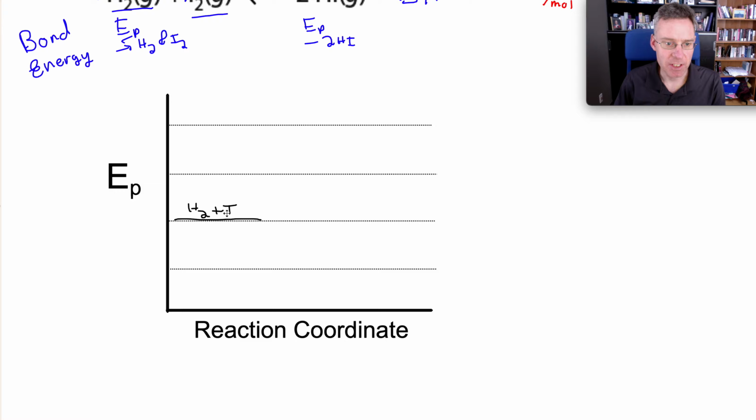I'm going to leave out the states to make things a little cleaner. At the end, we know that there's 100 kilojoules for every mole reacting less, or per molar amounts less. So I've kind of preset, let's say each line is 100 kilojoules per mole.